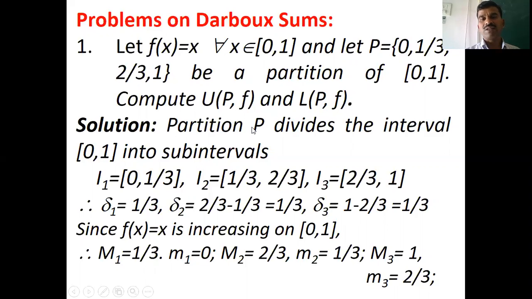Now let us divide this interval into subintervals, respectively I1, I2, I3, and the corresponding lengths are delta 1, delta 2, delta 3. Since the function is x, it is increasing in this interval. So corresponding to the subintervals I1, I2, I3, we have the supremum and infimum respectively, capital M1, small m1, capital M2, small m2, capital M3, small m3.